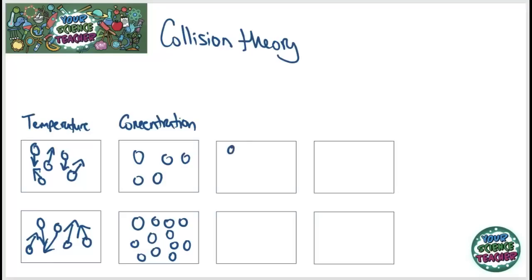So here I've got the particles and they are all spread out moving in random directions, but imagine if I make this box smaller by increasing the pressure, making them all have to occupy less volume, then the likelihood is those particles are going to hit into each other in the correct orientation and react.